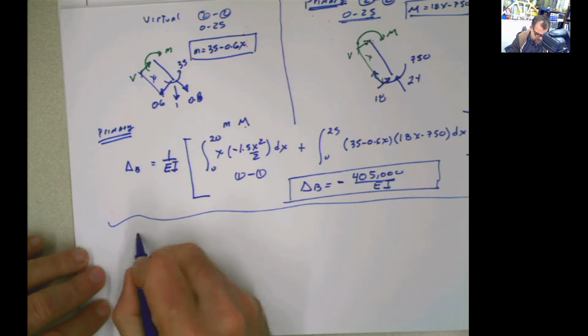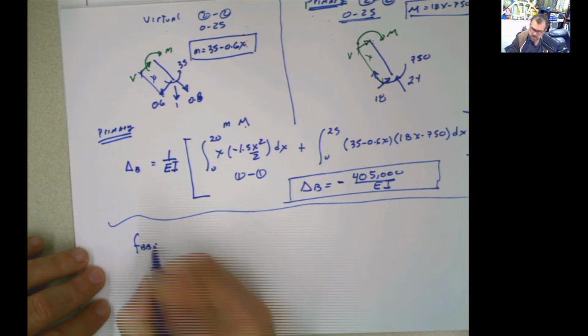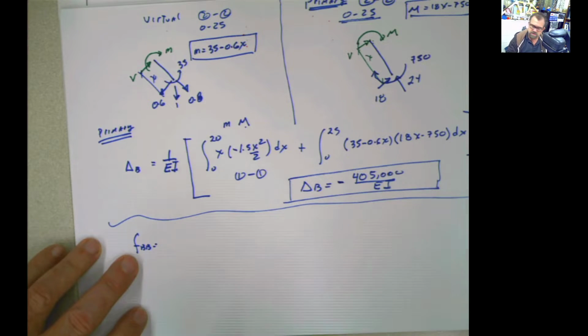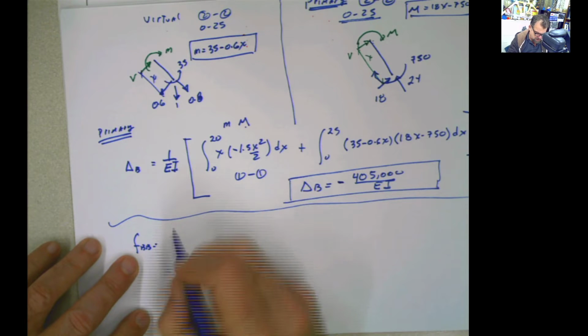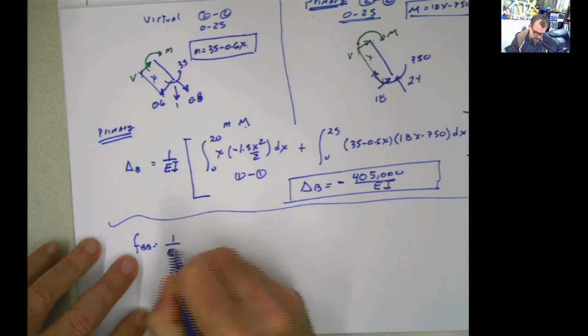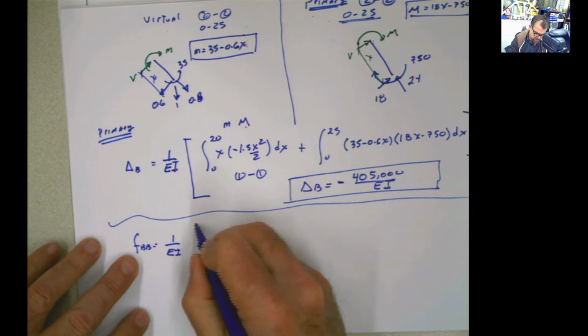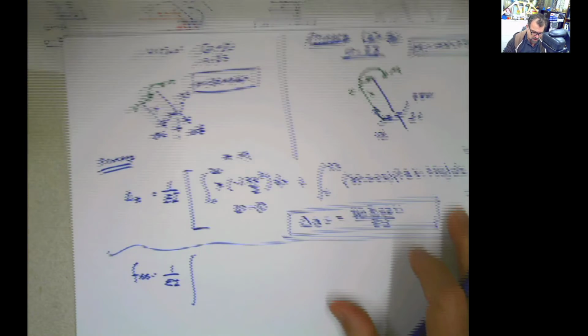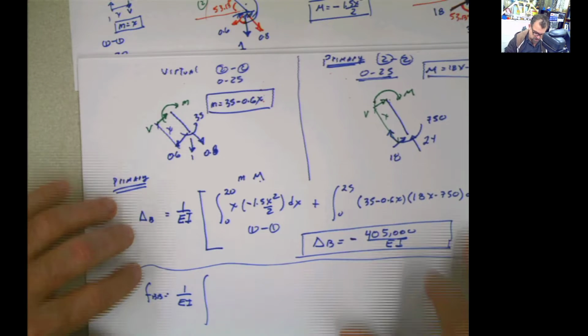And it's going to be the same thing. So that flexibility coefficient, you can say, this is the deformation of the virtual structure when it's pushed by a unit action in the direction of the displacement. It's going to be equal to 1 divided by EI multiplied by the integral of, let's go back, now it's only virtual versus virtual.